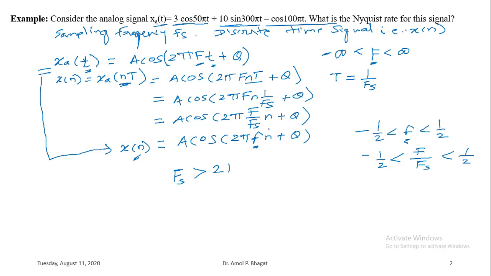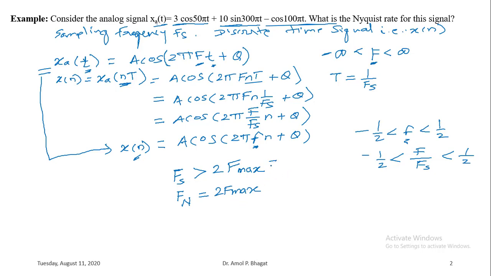In this case there was only one frequency component, capital F, so it will be greater than twice F. We also saw that if you select the sampling frequency equal to twice the maximum frequency, this is called the Nyquist rate, denoted as FN.